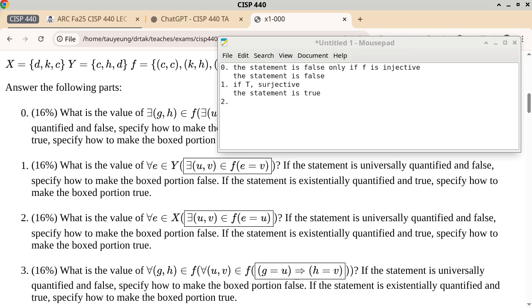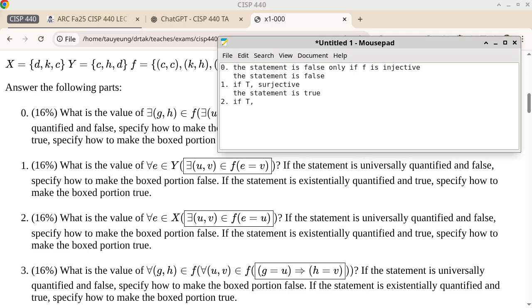Okay. So this one is basically asking: is it true or is it false that for every element in the supposedly domain, it maps to something in the codomain using F? So does it map to something? Okay, so the answer is what does it relate to? The statement, if true, meets what requirement?